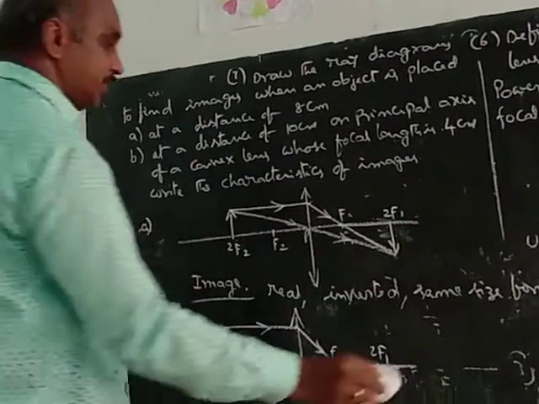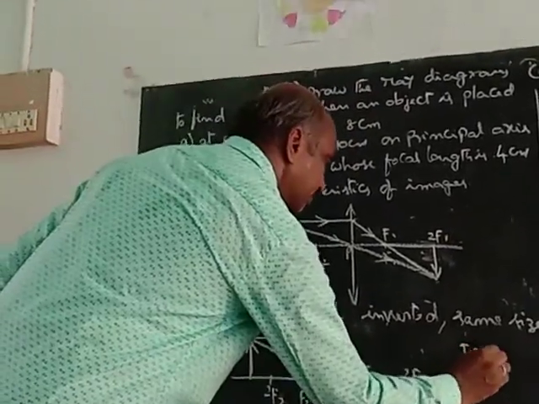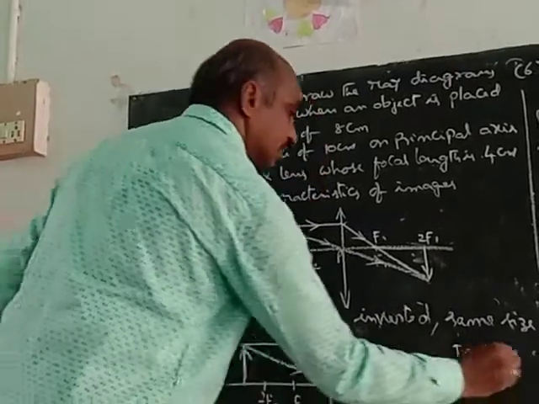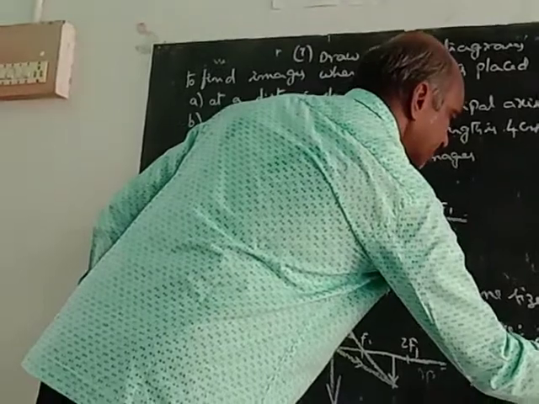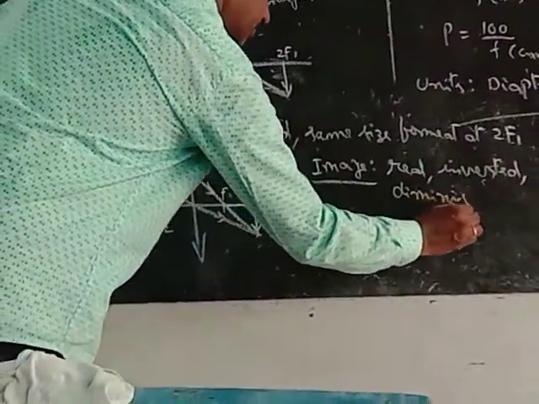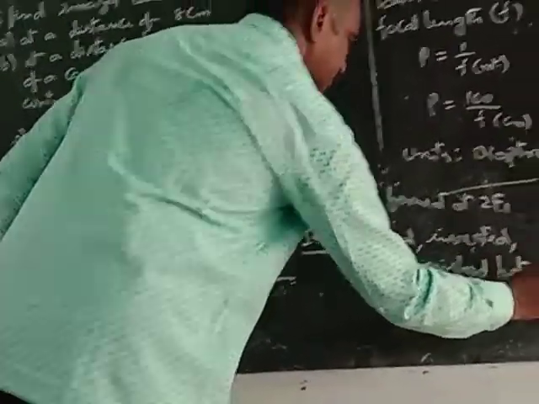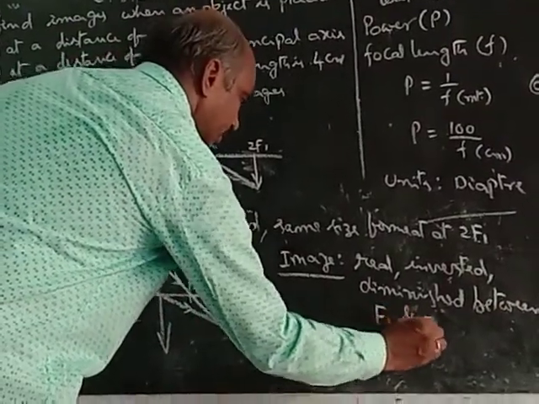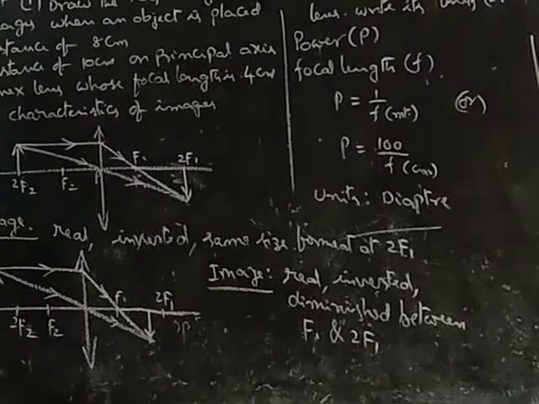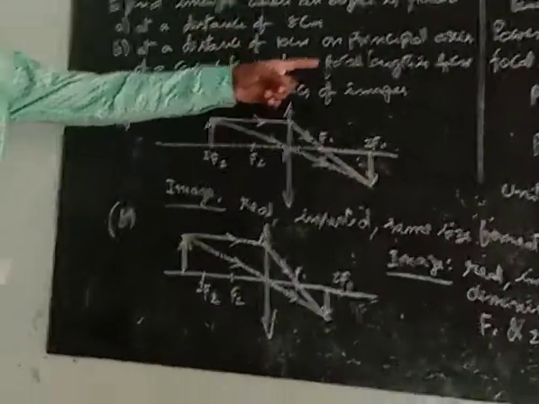What is the nature of the image? The image is real, inverted, diminished, between F1 and 2F1.